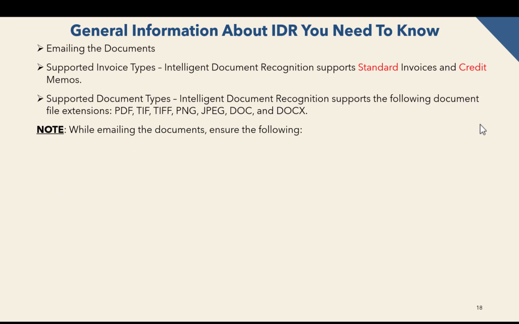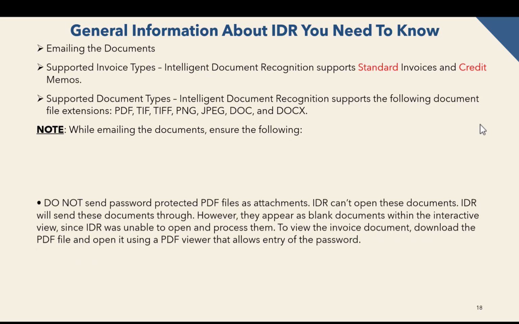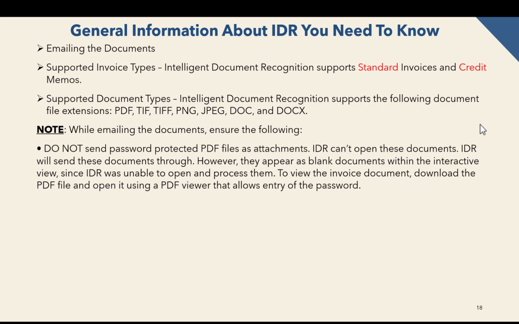While emailing the documents, ensure the following: don't send password protected PDF files as attachments. IDR cannot open those documents. IDR will send these documents through, however, they appear as blank documents within the interactive view since IDR was unable to open and process them.